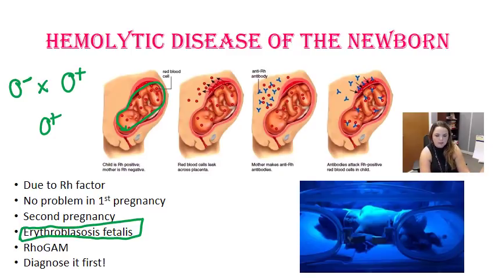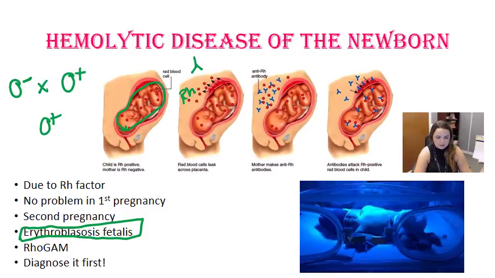But during pregnancy, as the baby's red blood cells turn over, which happens, mom gets exposed to these Rh antigens. So she starts making antibodies to Rh antigens. This typically happens at birth, but it can happen during pregnancy, all right?